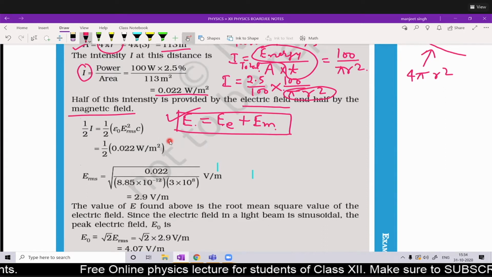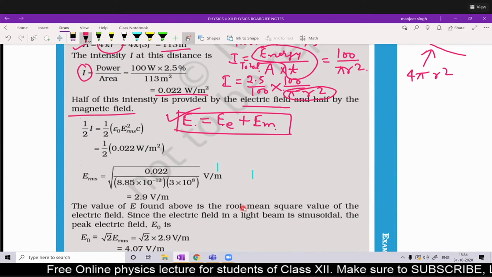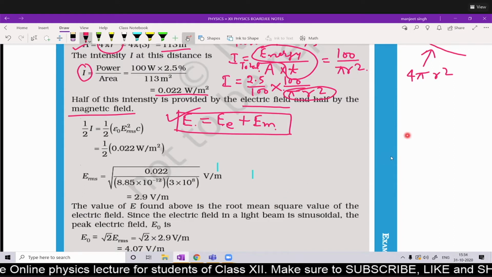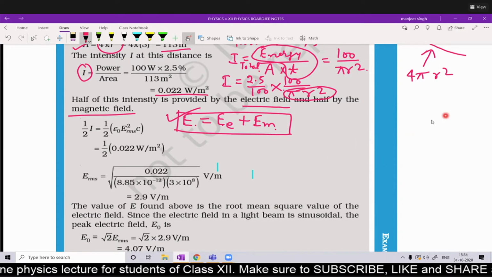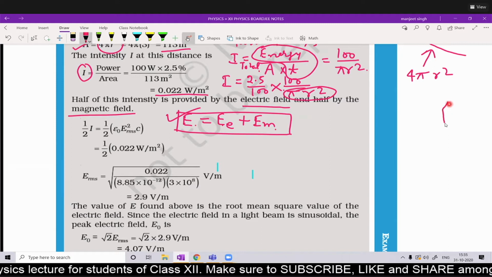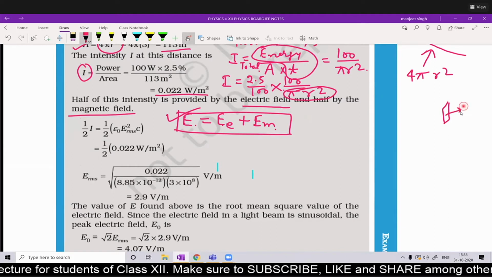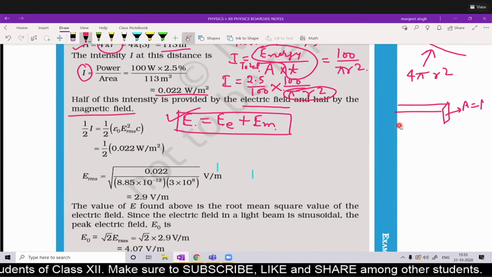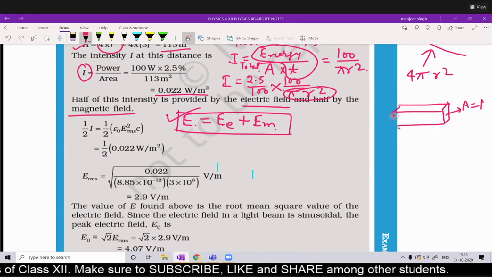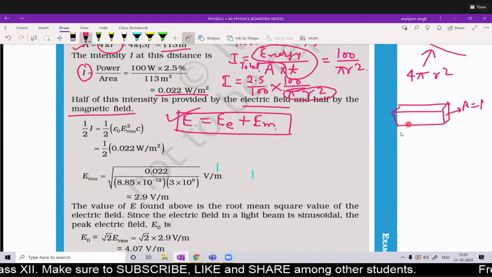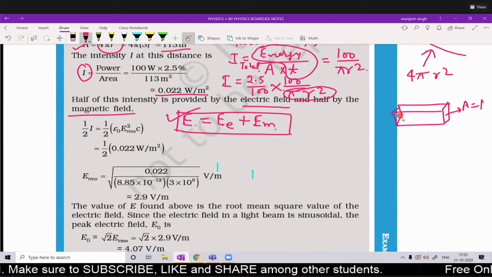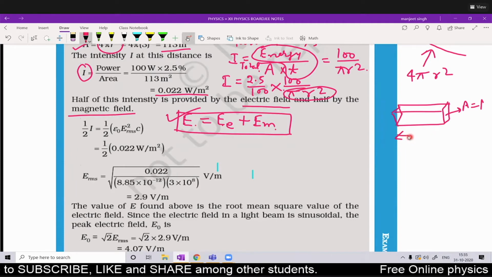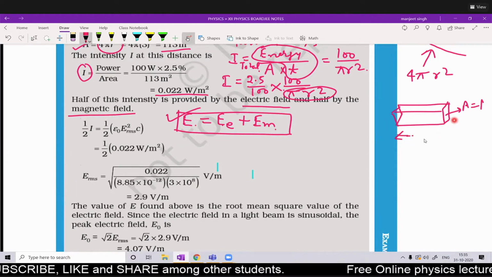Intensity of the radiation is defined as the energy passing through a unit cross-sectional area in 1 second. Suppose there is a unit cross-sectional area through which the radiation is passing normally. So this is a cuboid.